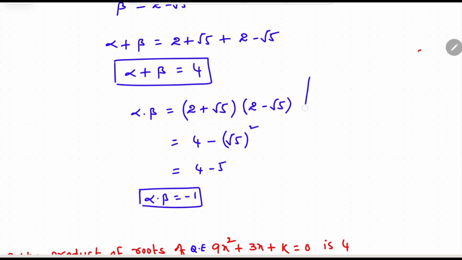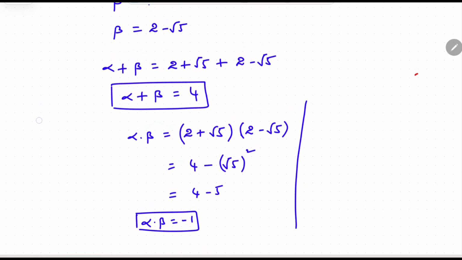Therefore the required quadratic equation will be x square minus x of alpha plus beta plus alpha into beta equals 0. Okay.